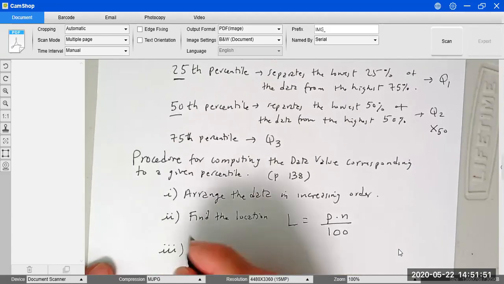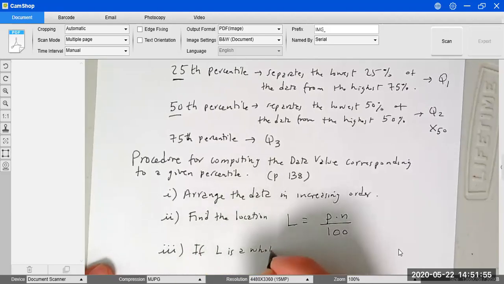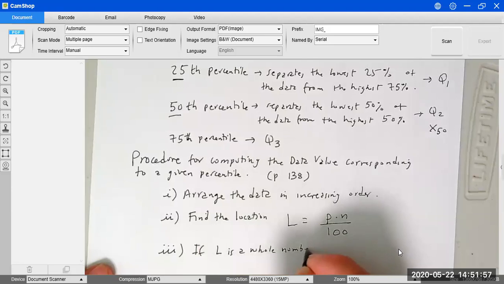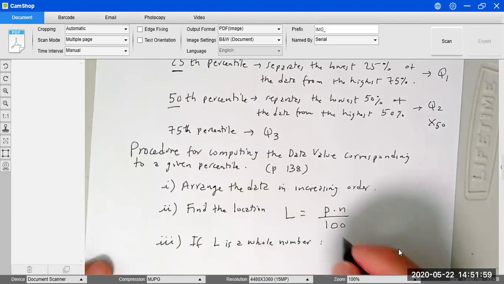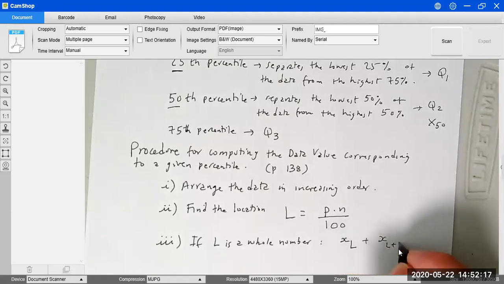So if L is a whole number, then the percentile is going to be the value at L, let's say X at L, plus the value at L plus 1, divided by 2.